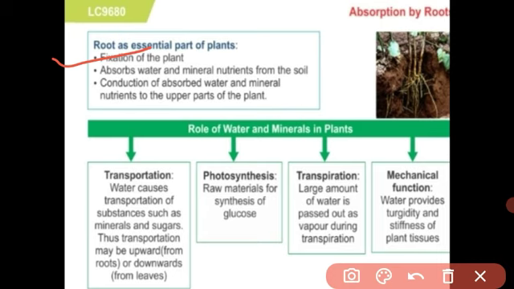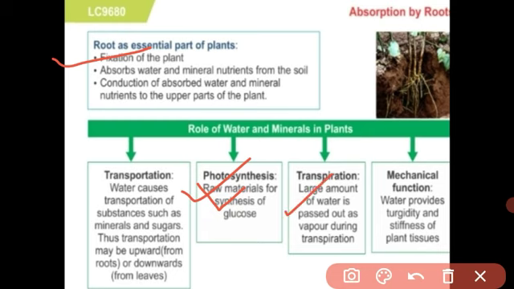Already in the previous lesson we have seen photosynthesis. Water is the raw material of photosynthesis. In photosynthesis we will study in detail how water is important in the light dependent phase. Next, in the last lesson we have seen transpiration.